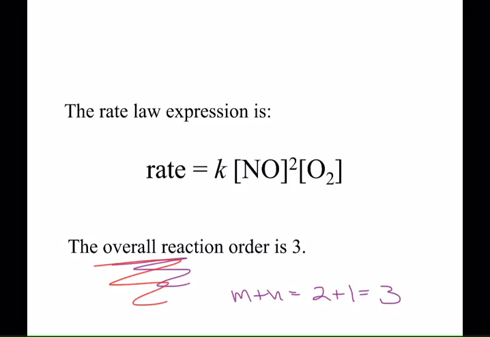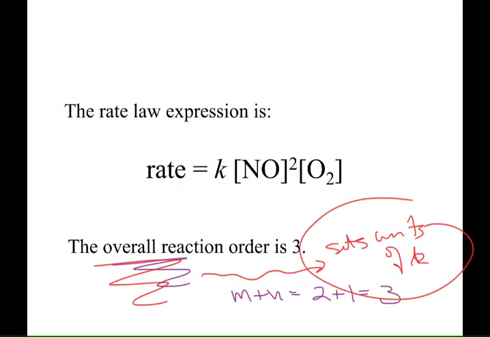Your overall reaction order will set the units of K. The units of K are a weird thing, I think. Remember I said the units of K have to cancel out what is introduced by your molar concentrations and leave you with units of moles per liter per time for your rate.